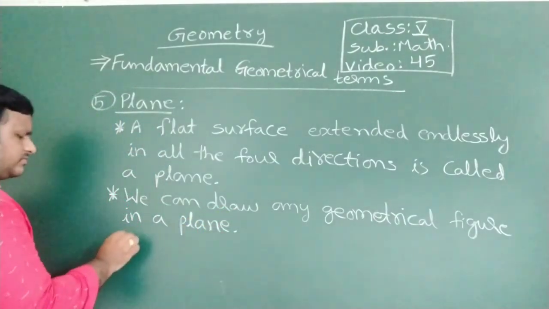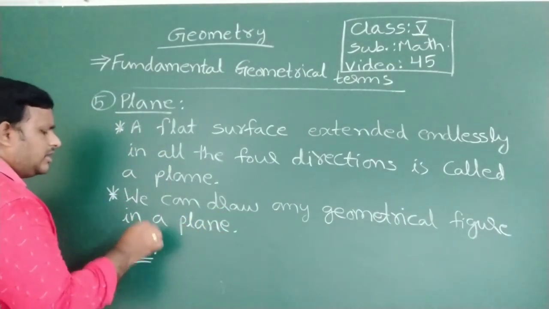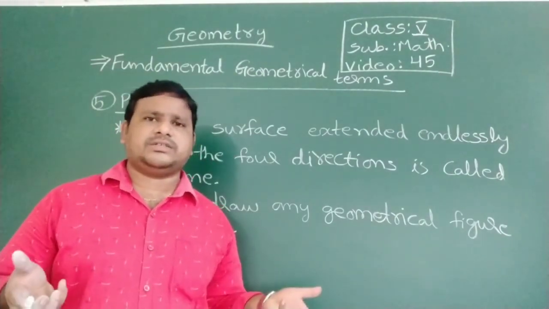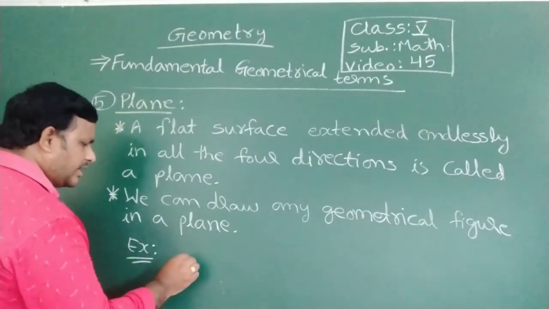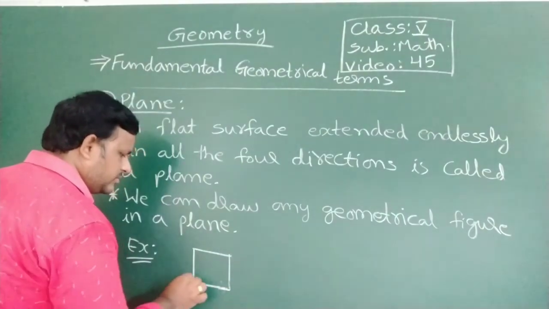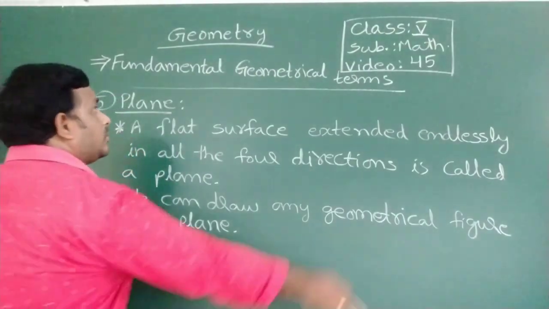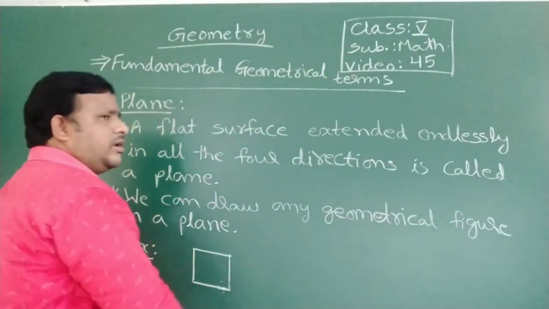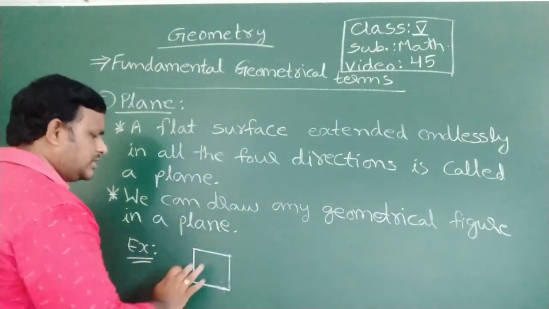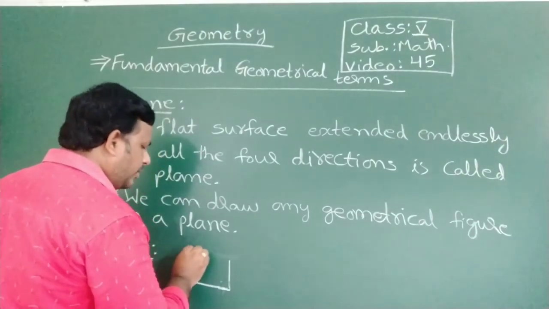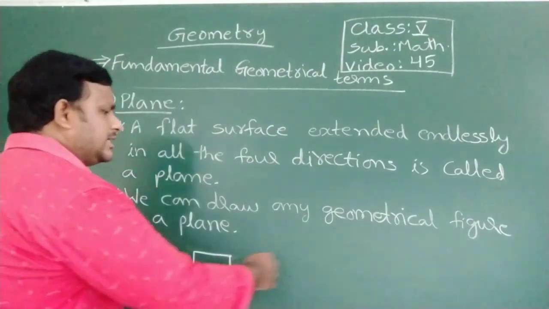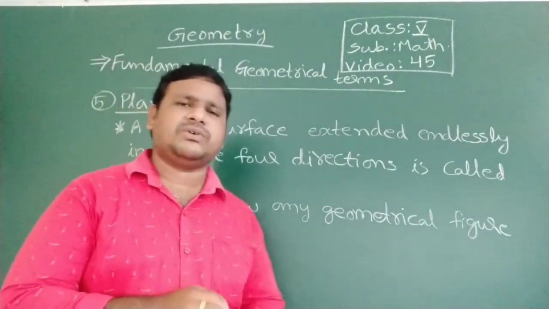So, just for example, actually this is not the original form, but what does plane mean? Suppose you consider this part of the board. This is the total board. On this board, this is some part, this is not the total part, this is just some part of the board, isn't it? So this part, if I extend endlessly, what does extension mean?